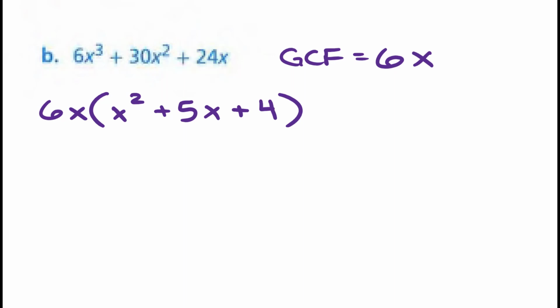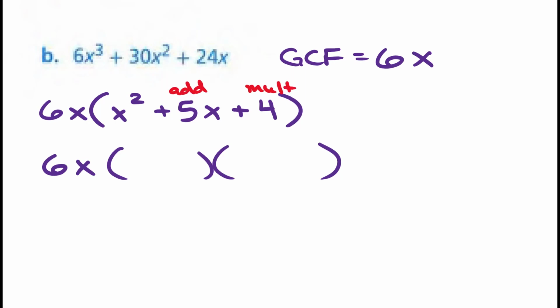Now this is a good first step, but because we're in 7.6, we're doing some more advanced strategies. Now we're going to factor the inside part. So the first step was our GCF, and like the previous example, now we're going to set up our parenthesis pair and see what goes inside. So we need two integers that multiply to give us 4 and add to give us 5.